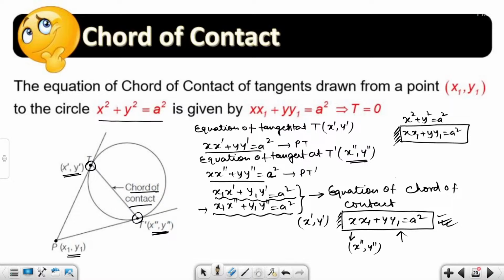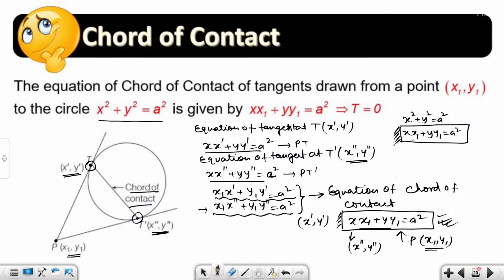But one thing we have forgotten. What is that? For the chord of contact, where does your x1, y1 lie? Your x1, y1 lies outside the circle. This is the point P which is outside the circle. In that case, the equation of chord of contact is this.